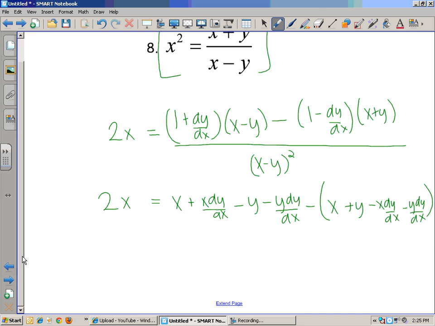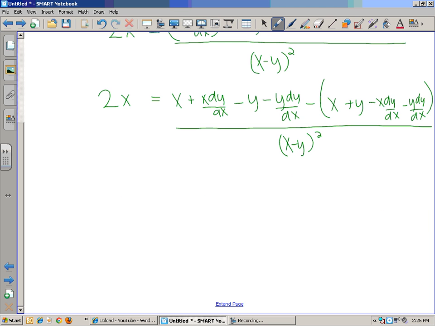Now, that minus sign that's there, I'm going to distribute that to everything inside it. So minus x, so I'm going to have negative 2y's, so minus y minus another y is 2y's. A plus x dy dx and a plus, so plus 2x dy dx. And a minus makes that a plus, and a minus goes away.